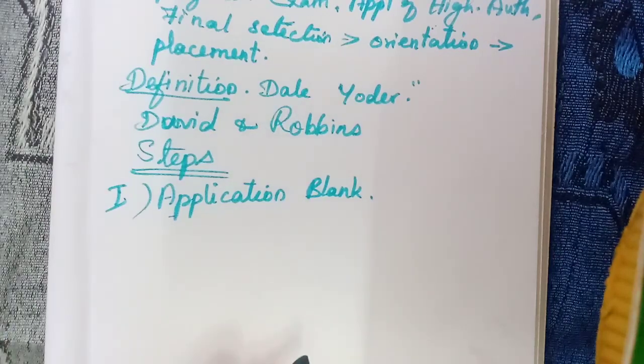Then educational qualification: where they studied, SSLC, plus 2, degree, PG, whatever it may be. If they need complete educational information they may ask for it, or only the postgraduate qualification.